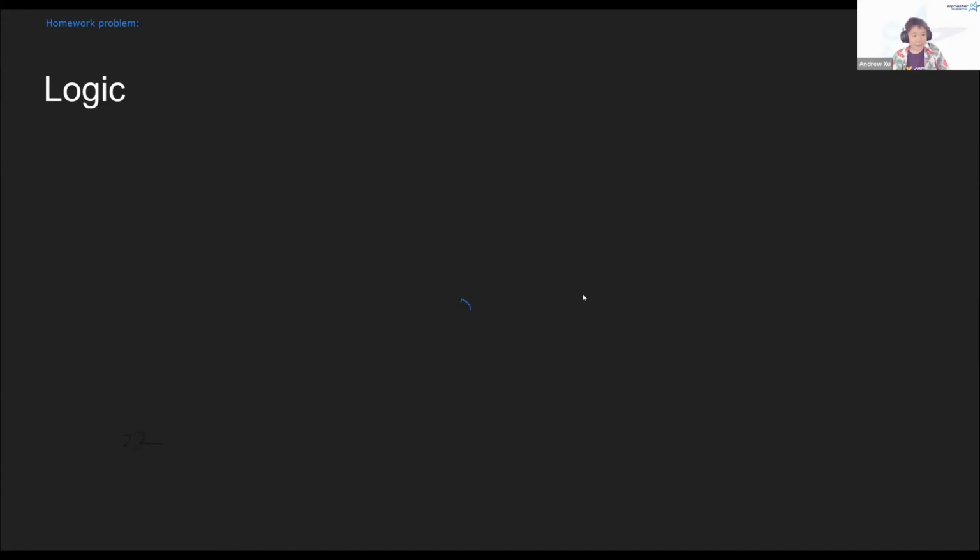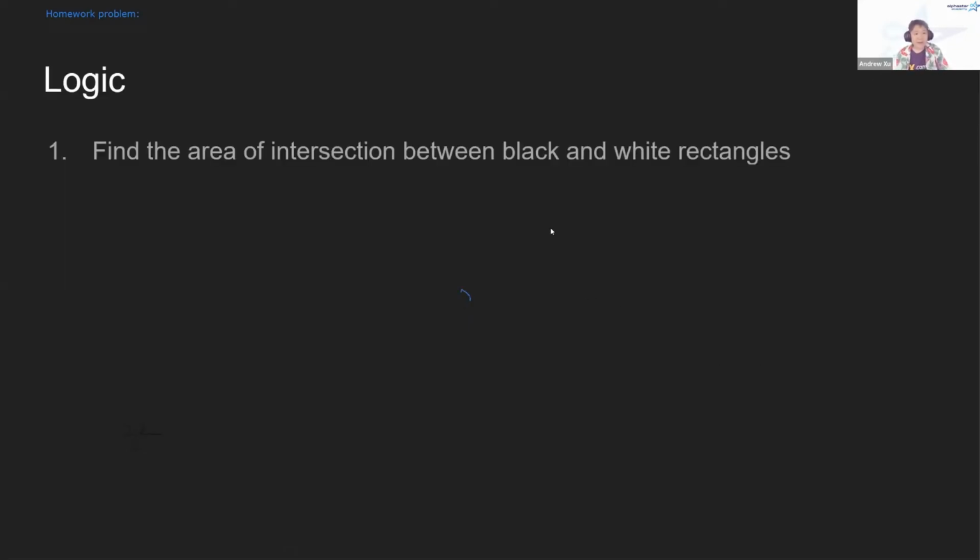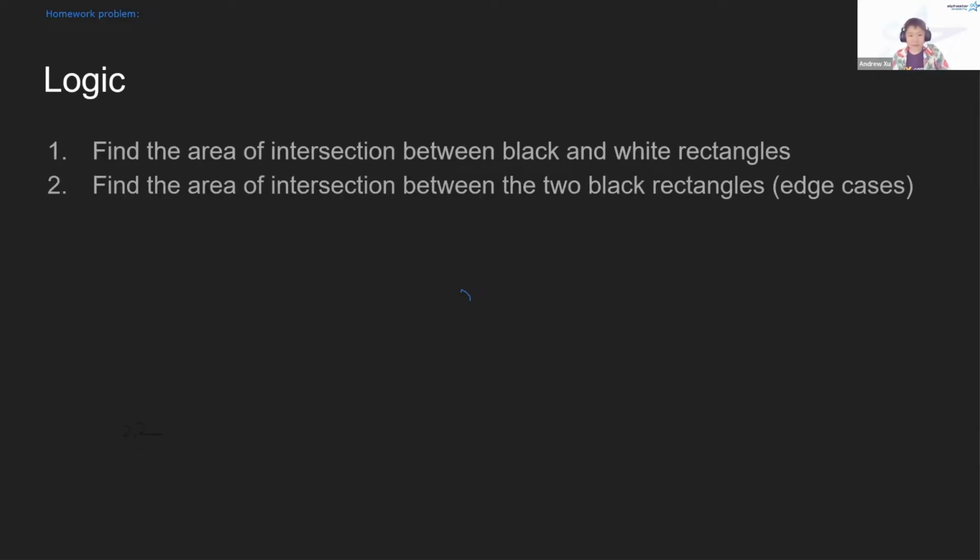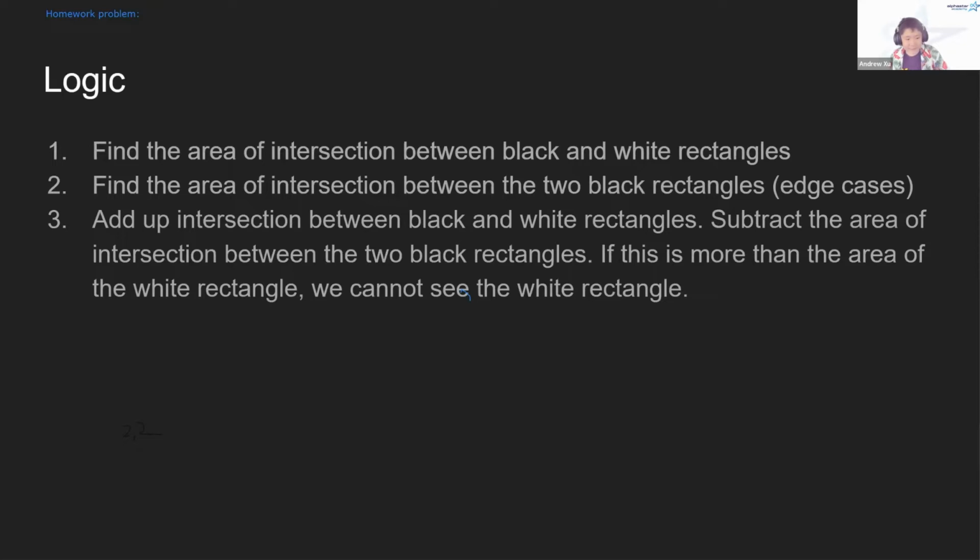So you first find the area of intersection between the black and the white rectangles, and then you find the area of intersection between the two black rectangles, because that could be an edge case. Then you add up the intersection between black and white rectangles, then subtract the area of intersection between the two black rectangles.